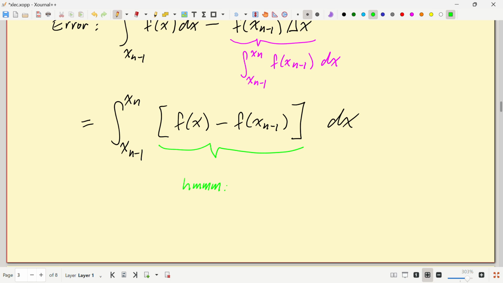So let's look at this thing here. That kind of looks like, let's see, where have I seen something like that? I've seen something like that. f of x minus f of x_{n-1} over x minus x_{n-1} equals f prime of c, where c is between those two.